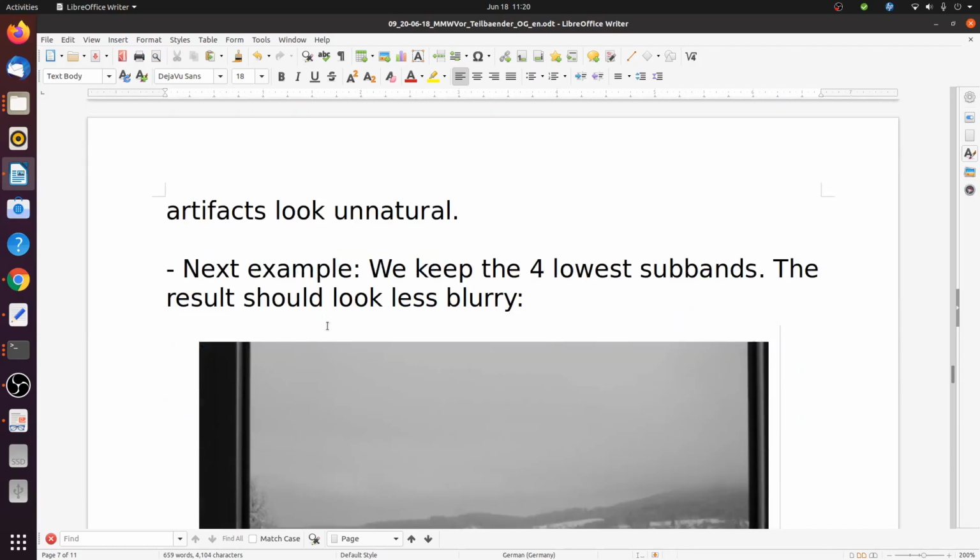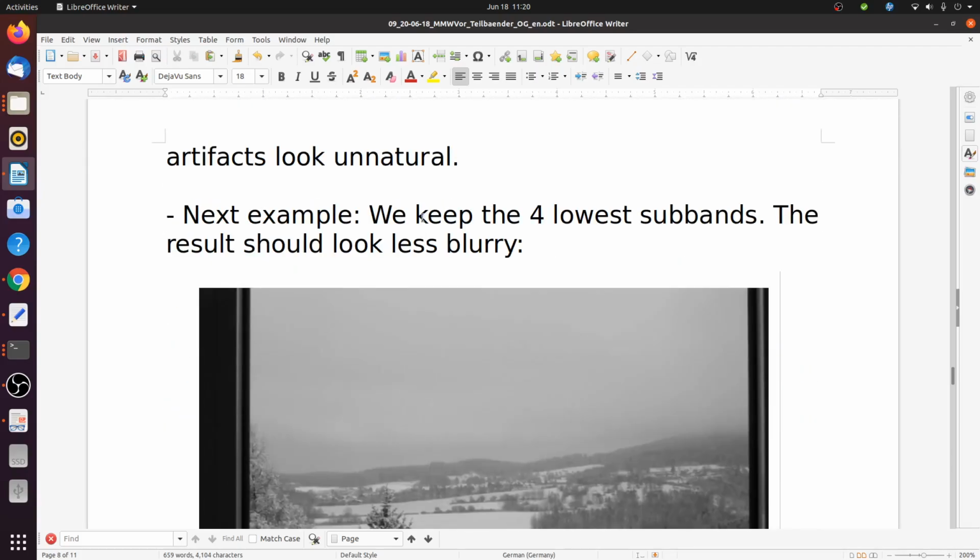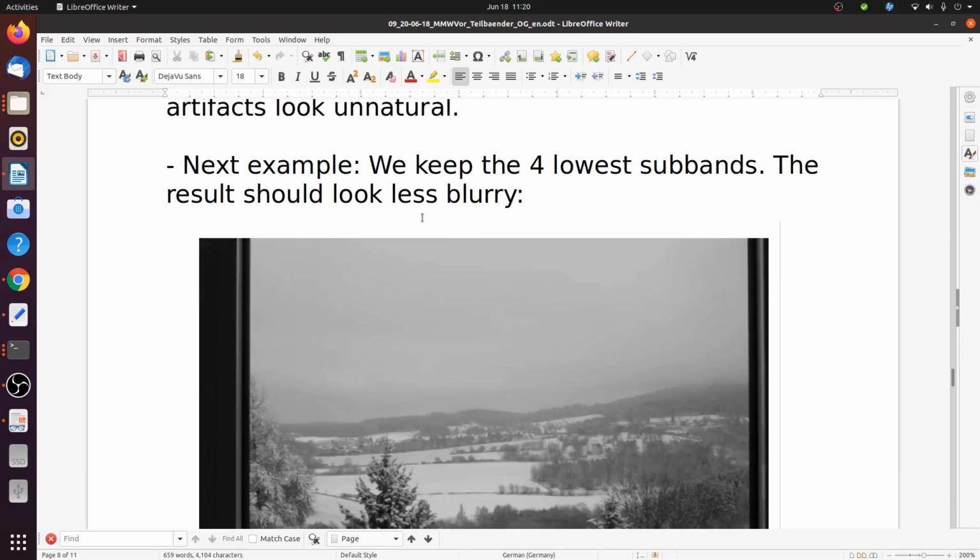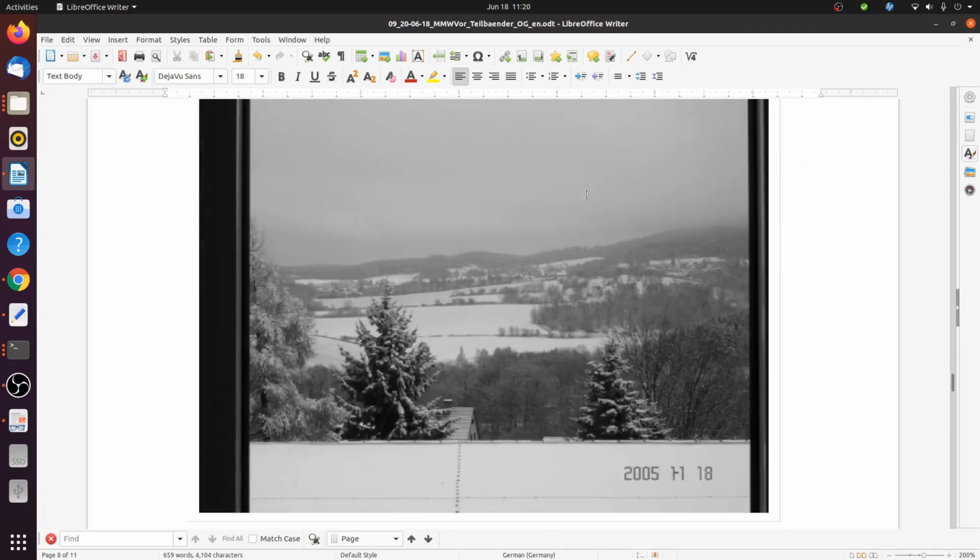So next example here, instead of just keeping DC, we keep the 4 lowest subbands. And the result indeed looks less blurry. So here we can see this almost looks like the original, even though we just kept 4 subbands, 4 out of the 64, right?